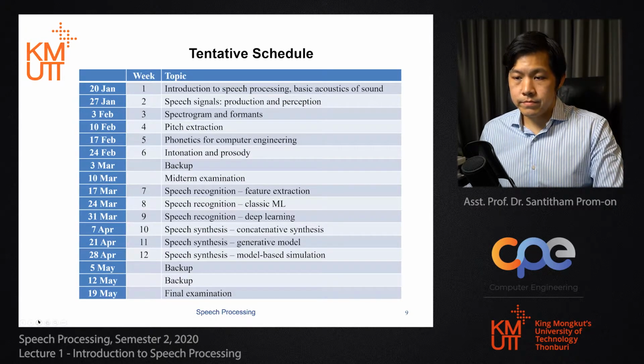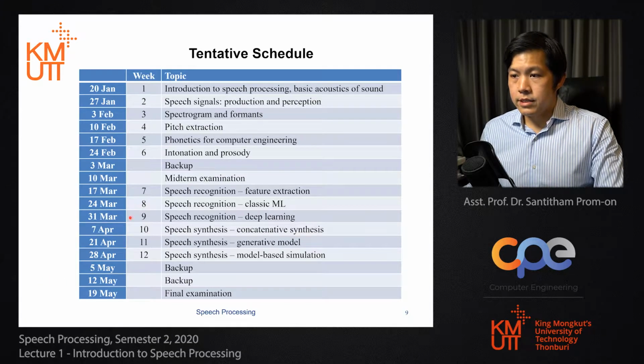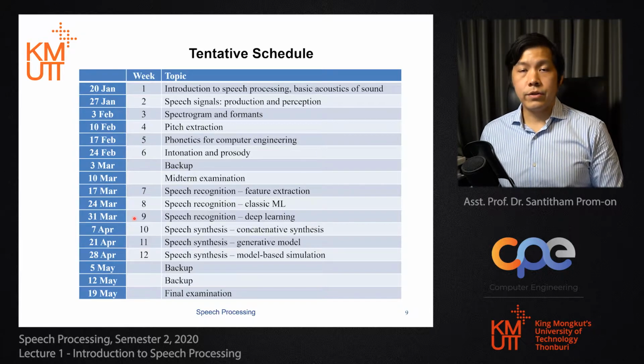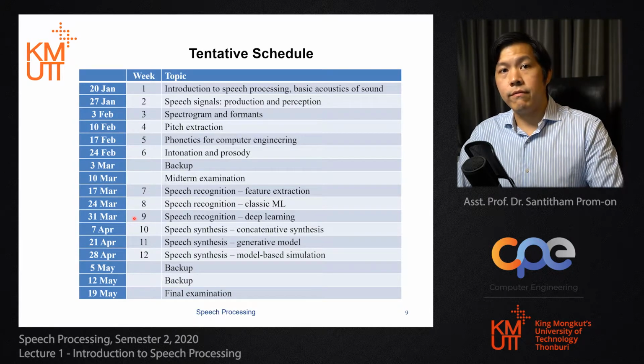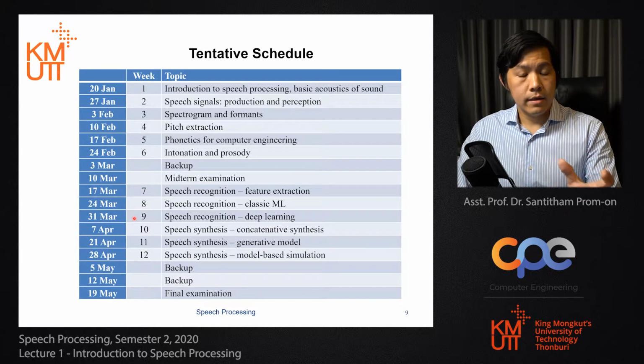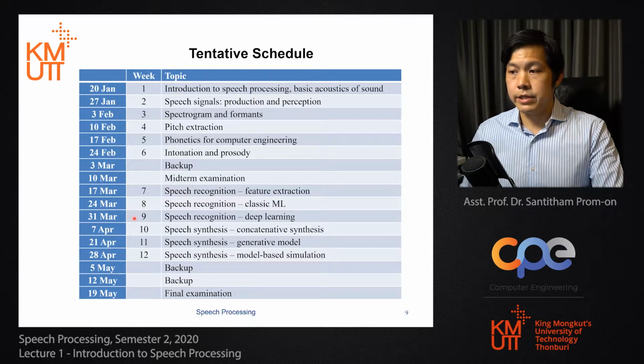The first one is speech recognition using deep learning, which is quite a trend right now. You can use a deep learning model to perform speech recognition to identify the words from the speech data.